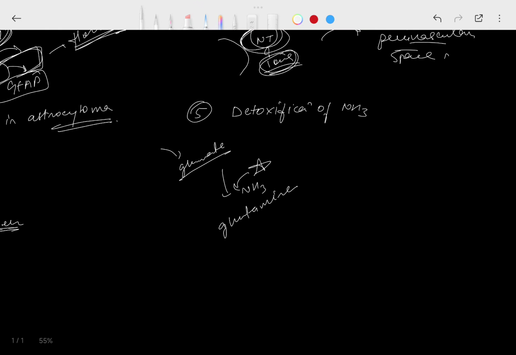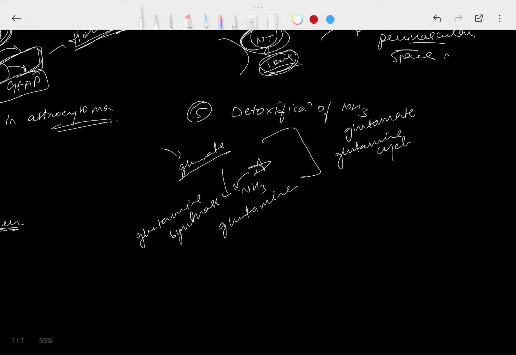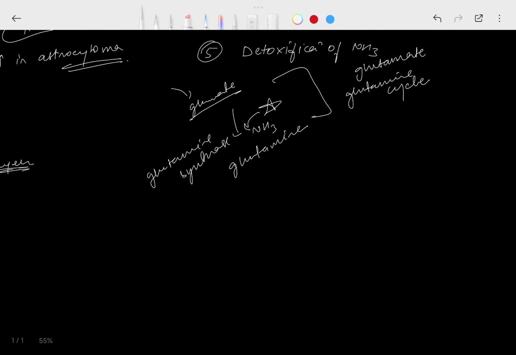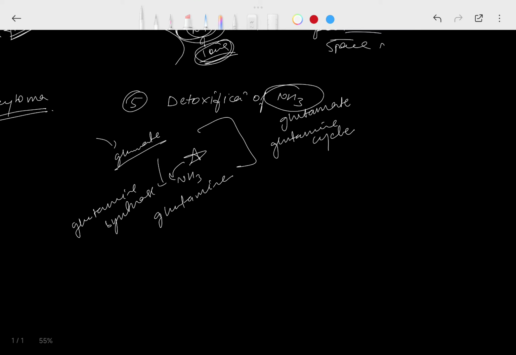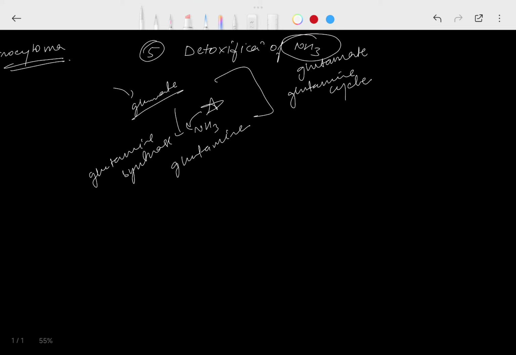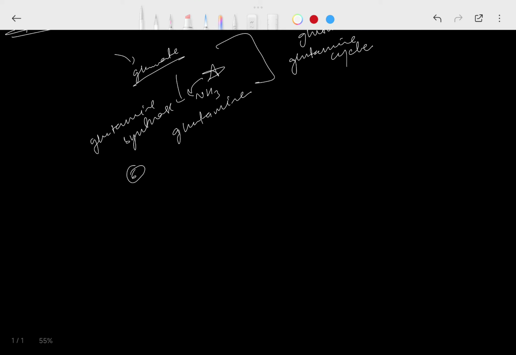This is the glutamate-glutamine cycle. This is how it detoxifies NH3.